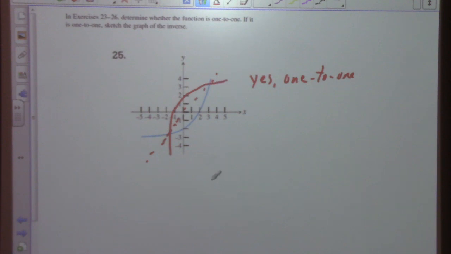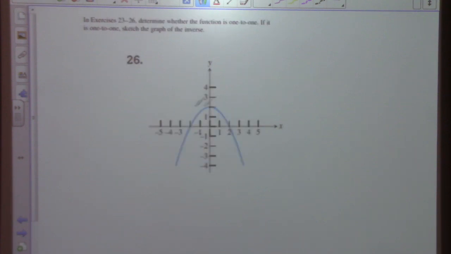There we go. That was a better drawing than the first one I did. And then the last one here, is this one-to-one? No. That was horizontal. Not one-to-one. So fails horizontal line test.